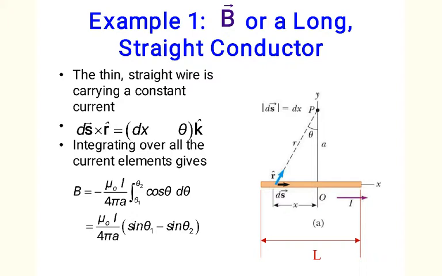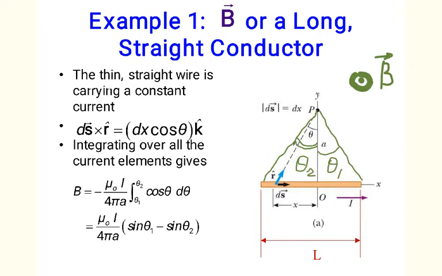The angle theta is between the line connecting ds and P and the vertical line dropped from P to the conductor. The vector product ds cross r is perpendicular to the plane of the screen. It is proportional to the unit vector k hat along the z-axis. The magnitude of ds cross r is equal to dx times cosine theta.